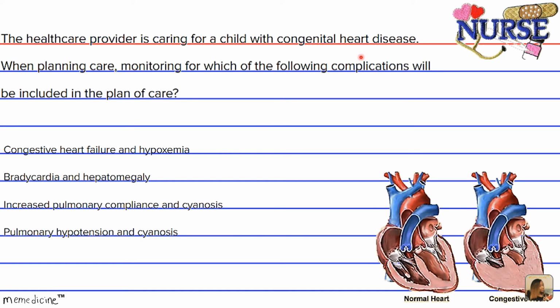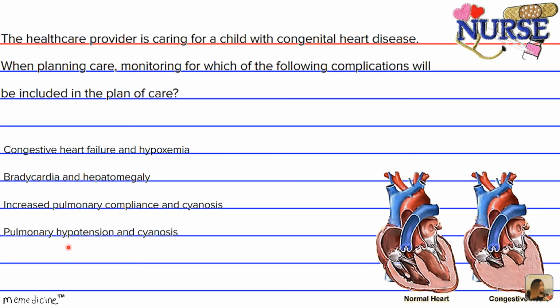Or would the plan of care include D, pulmonary hypotension and cyanosis? Usually I hear pulmonary hypertension, where the arterioles in the lungs become very tiny and inadequate oxygen gets to the lungs.